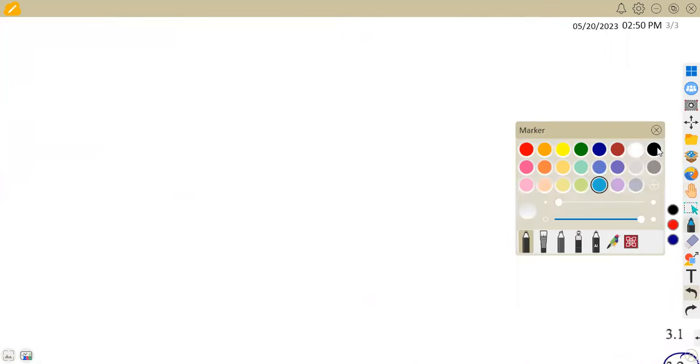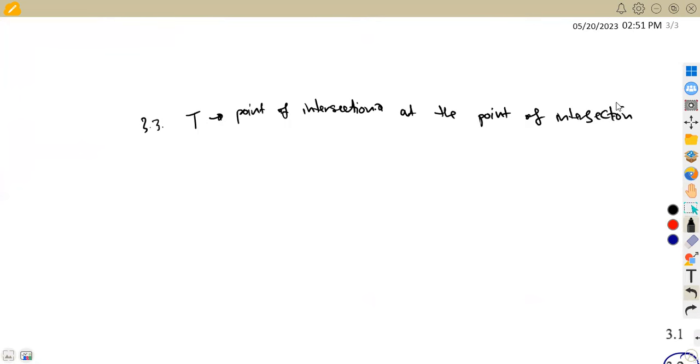T is actually the point of intersection, and at the point of intersection, the two graphs are equal. So this is what you're supposed to note.